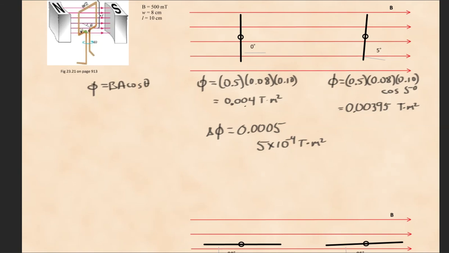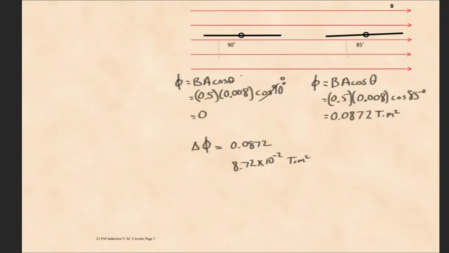Any other angle gives you something less than this number. But when I'm at the maximum or close to the maximum flux, I get very small changes. But when I'm at or close to zero flux, I get very large changes for the same amount of rotation. We'll come back to this idea in a later section.